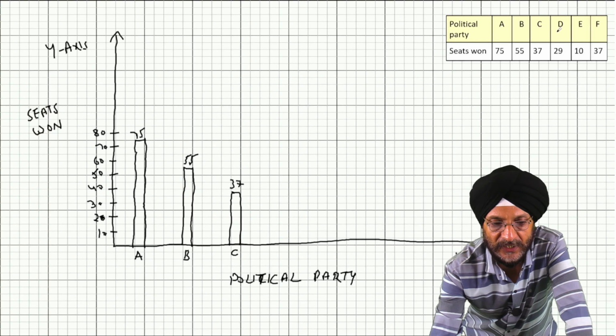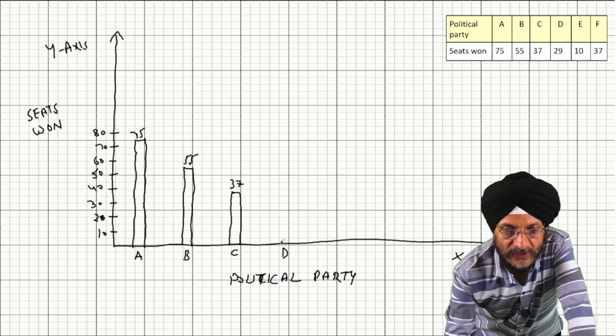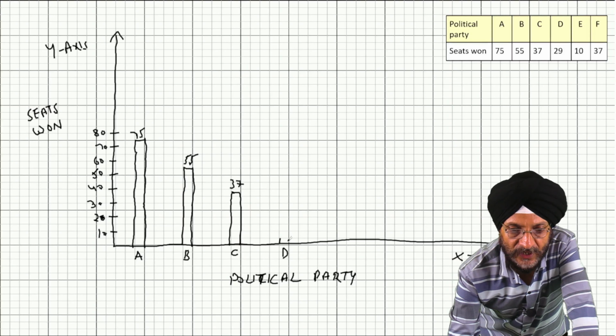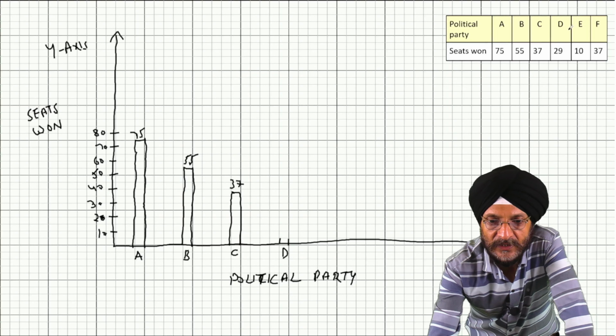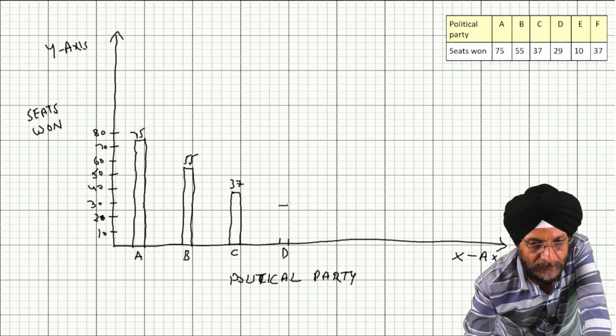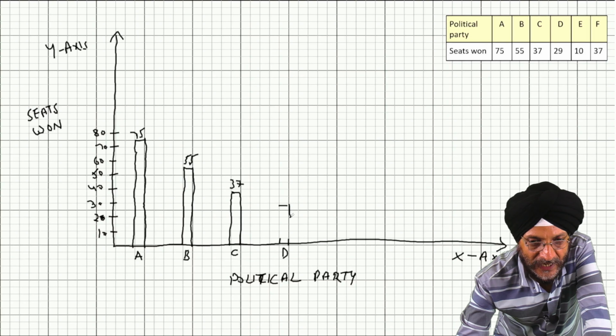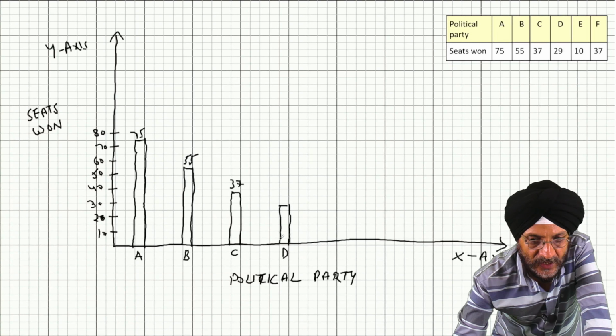Now the next party is political party D. Here also the bar will be of equal width. It is 29 because it is less than 30. So here we have kept the line somewhat below 30. It will be based only on approximation.